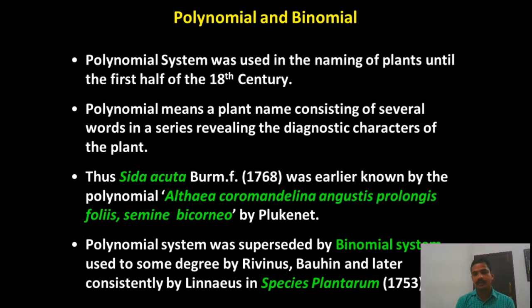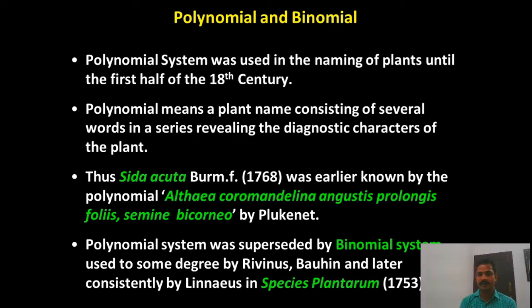The polynomial system was superseded by the binomial system, used to some degree by Rivinus, Bauhin and later consistently by Linnaeus in his Species Plantarum. So actually the binomial system was used before Species Plantarum by Rivinus. Rivinus was a botanist.